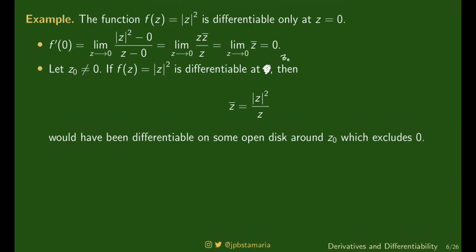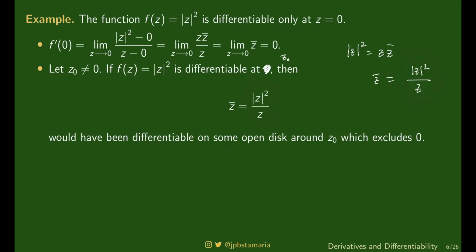Then, yung function na ito, magiging differentiable. Paano ba, saan ba nanggaling to? Nanggaling to dito sa identity na to. Okay? Kung z ay hindi 0 kasi, pwede kong isolve yung z bar dito. Ang z bar ko will be modulo z squared divided by z, correct? Kung ito ay differentiable kasi sa z naught, yung z naught hindi zero. Yung function na ito, magiging differentiable siya kasi quotient siya ng dalawang differentiable.